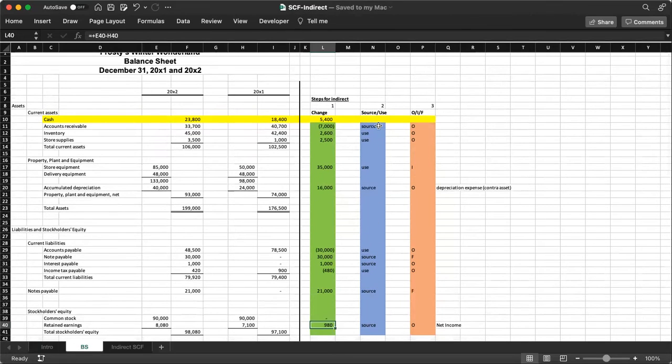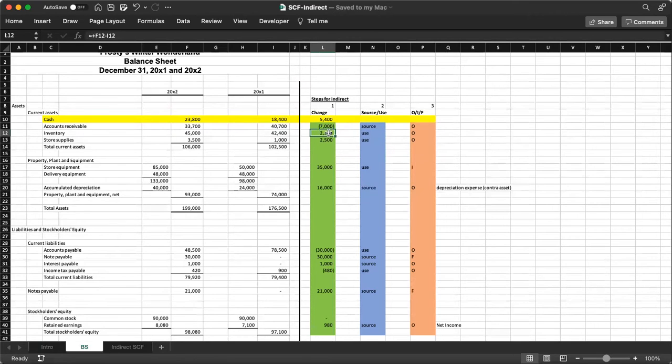So using our steps, we will move on to the sources and uses. So we'll go through a couple of these. So accounts receivable would be a source because our accounts receivable decreased, which is a current asset. So that means we collected money from our customers, thus increasing our cash.